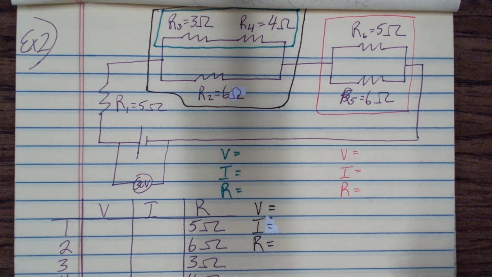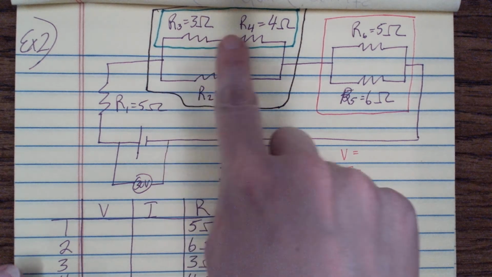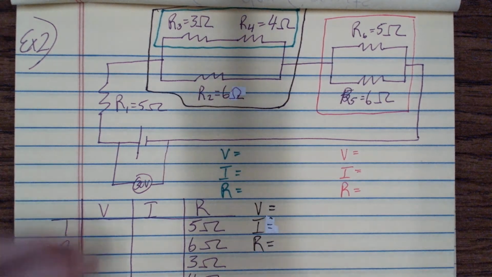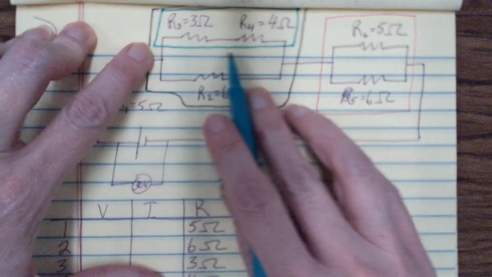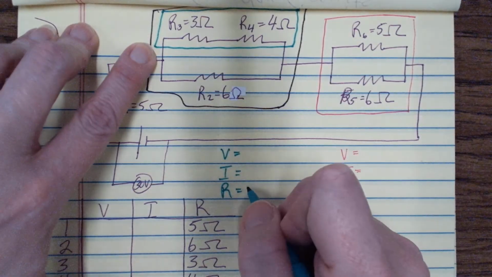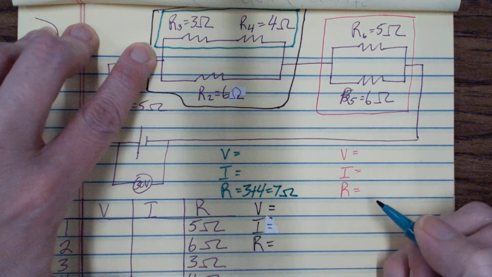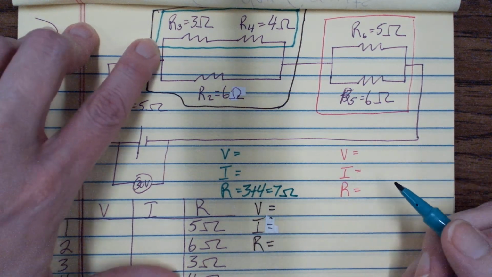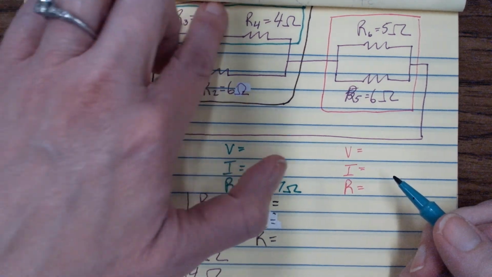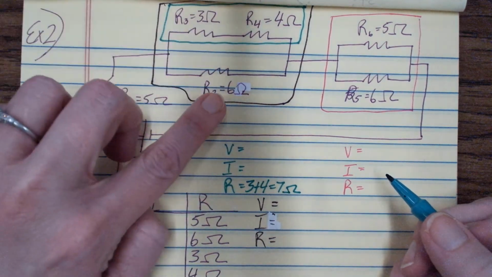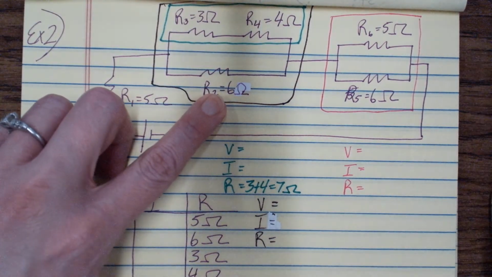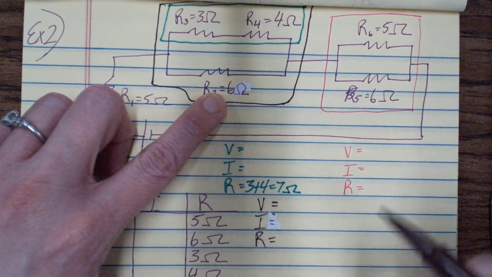Okay. So first I'm going to start with the series. I can find my total resistance on the series green portion, right? Because it's just 3 plus 4, so that's 7 ohms. Then I can find the parallel portion because this as a combination is 7 and this is 6 and they're parallel to each other. So I'll switch to brown over here.